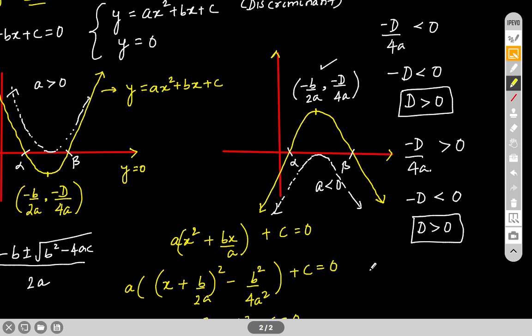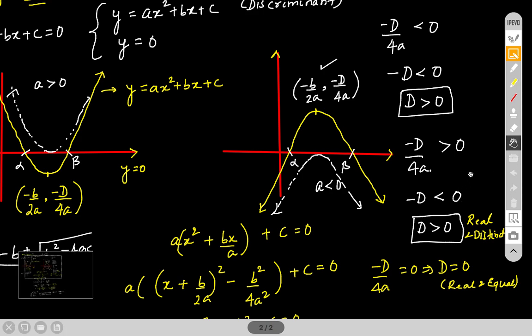That means minus D by 4a should be 0, which clearly implies D should be equal to 0. So this is real and distinct, and this is real and equal.